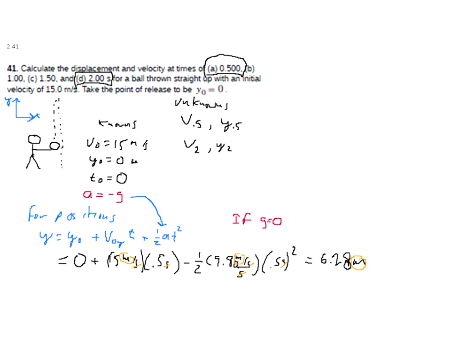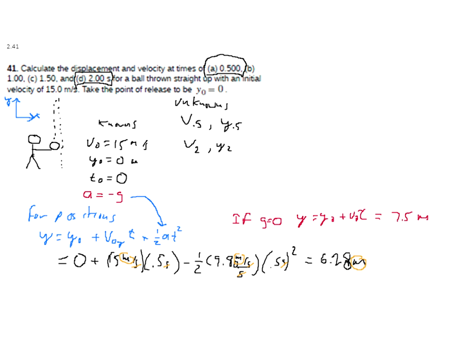That means we'd be subtracting off a really, really tiny number, which means that we would have just this number. So if gravity was 0, y would equal y0 plus v0 t, which in this case would equal 7.5 meters, 15 times 0.5.